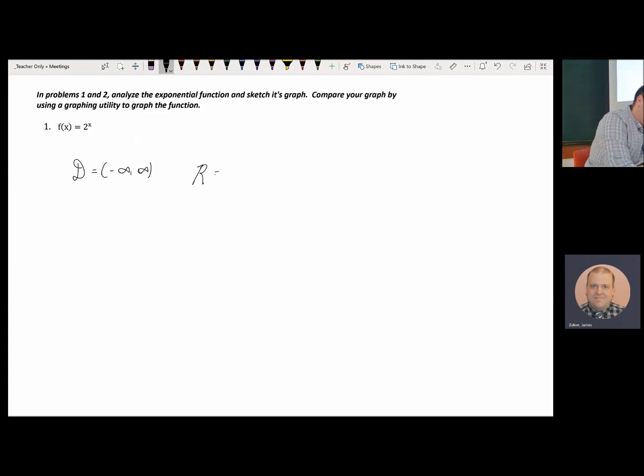Range, positive real numbers. f of x will approach 0 as x approaches negative infinity.